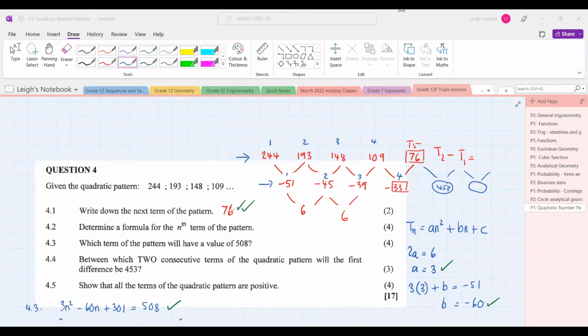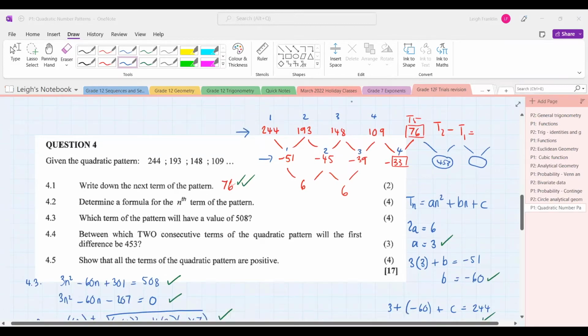So now how are we going to work out what the nth term of the first differences is? What sort of pattern is it? The first differences of a quadratic pattern always make a what sort of pattern? Okay, so how would you work out the nth term, Nick? What formula could we use?